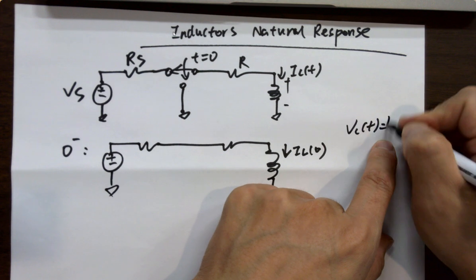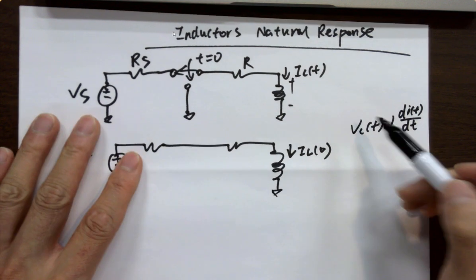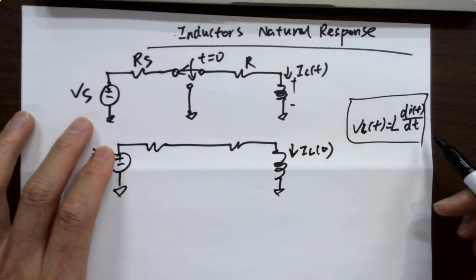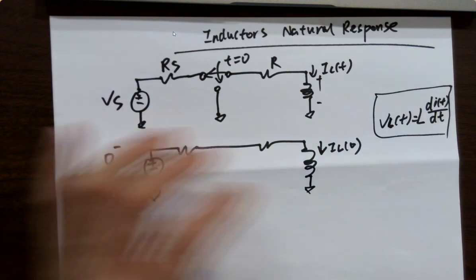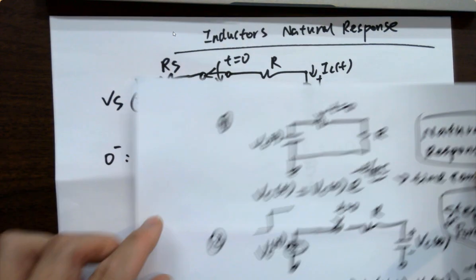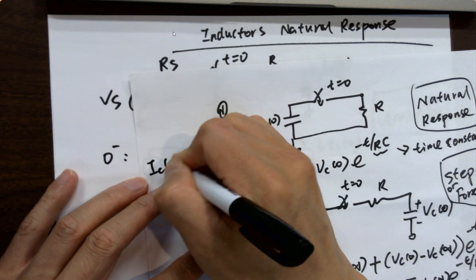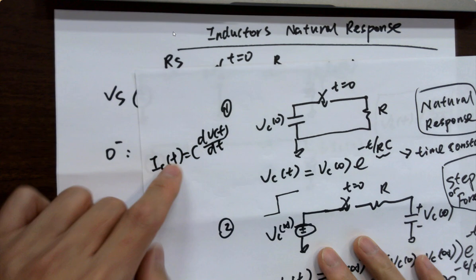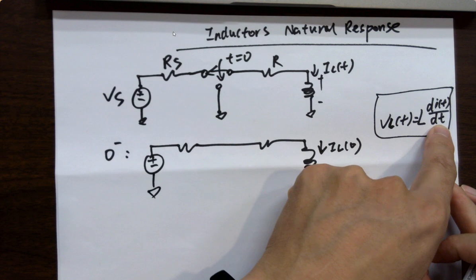It's VLT equals L dILT dt. For the capacitor, what's the capacitor's equation? Remember? It's ICT equals C dVt dt, right? But for the inductor, it's VLT equals L di dt.